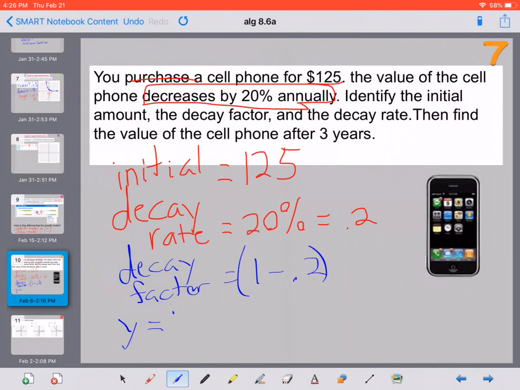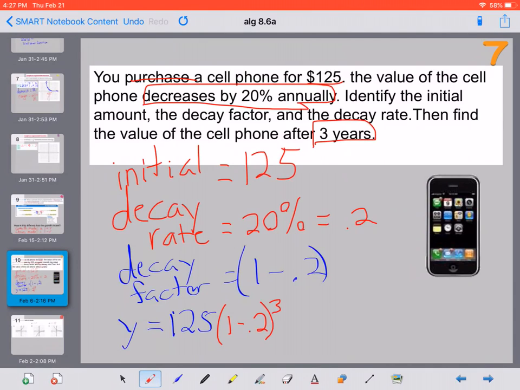Alright, let's try that again. 125. There we go. Our factor was 1 minus 0.2. And we want to find what it is after 3 years, so to the third power.